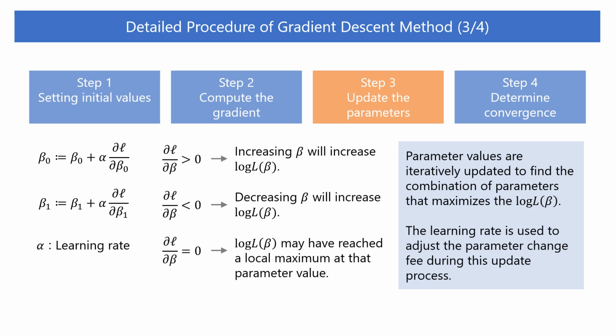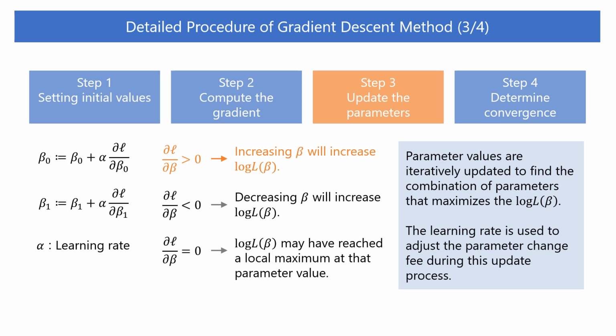The parameters are then updated using the computed gradient and the learning rate. The learning rate is a small positive value that is preset. The update equation looks like this. If the partial derivative of the log likelihood function is positive, this means that the gradient of the log likelihood function is positive at that point.